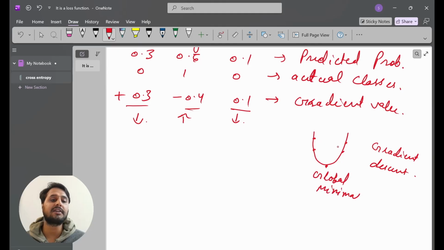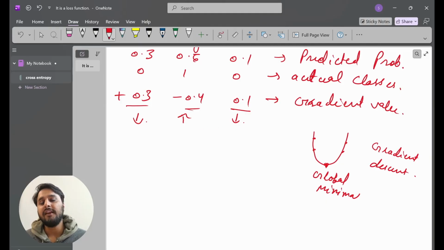We have to adjust our weights in such a way that our loss comes to the place where the global minima is present. That's it. We understand that the gradient is telling us the direction.